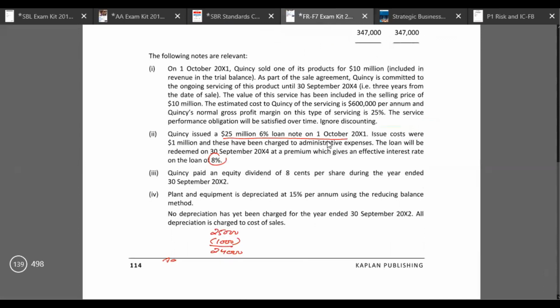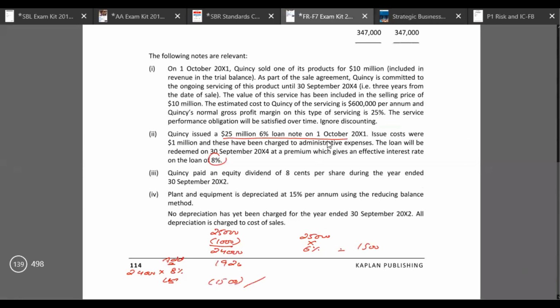Now you're going to add the interest, and interest is applied on the balance, 24,000 into 8%. It gives you 1,920, and then you less the payment which is on coupon rate. So 25,000 into 6% is the payment. It gives you 1,500, less 1,500.